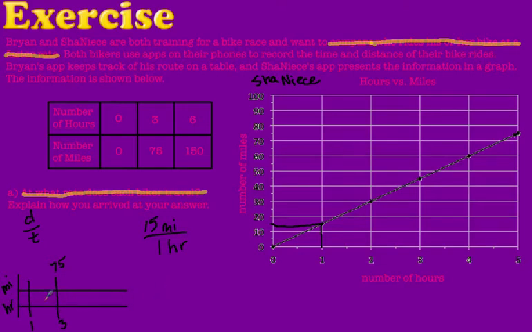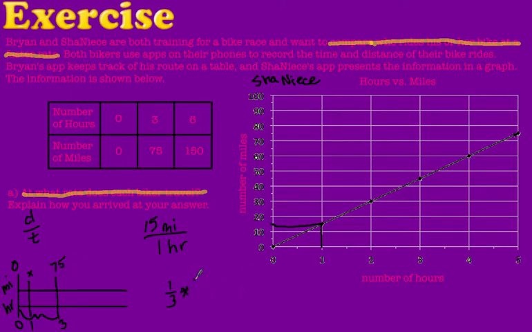Well here, between 0 and 3 is 1. So there are 3 units, and we went 1 out of 3 units, or 1/3 of the way. So this x has to be 1/3 of the way between 0 and 75.